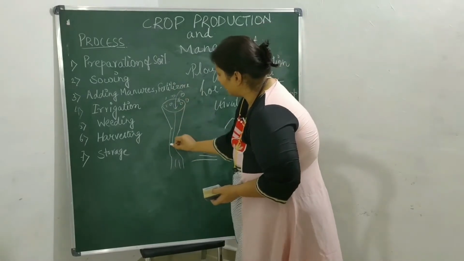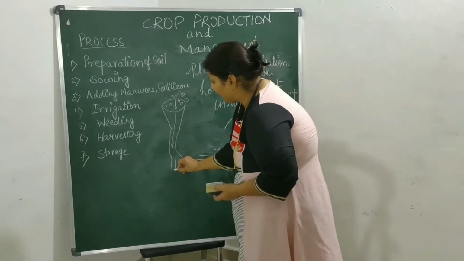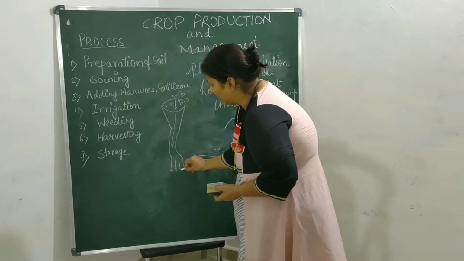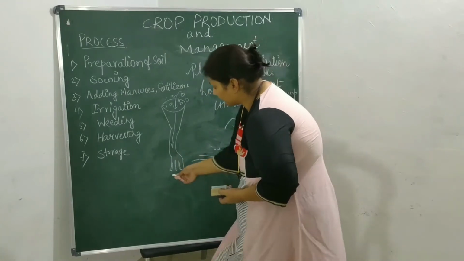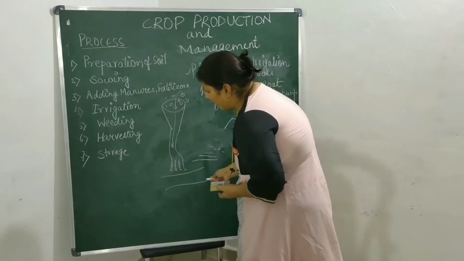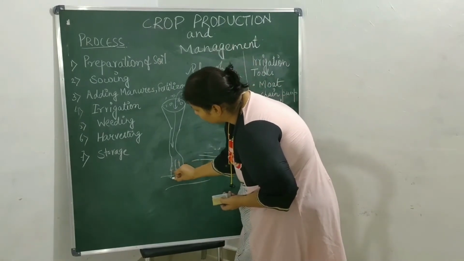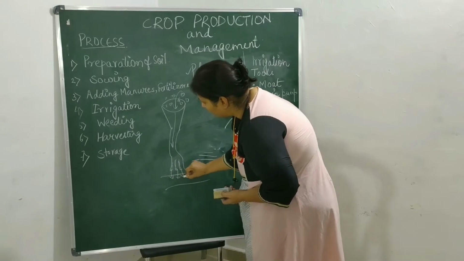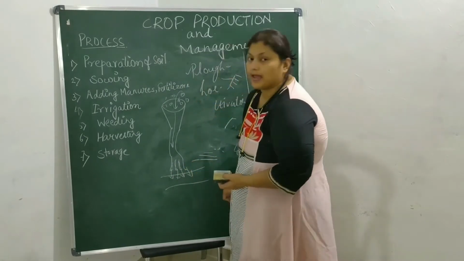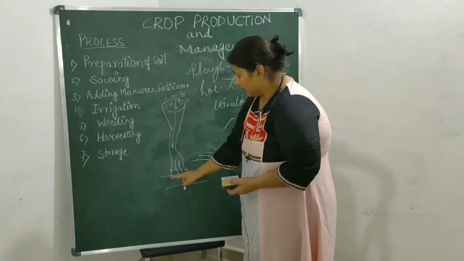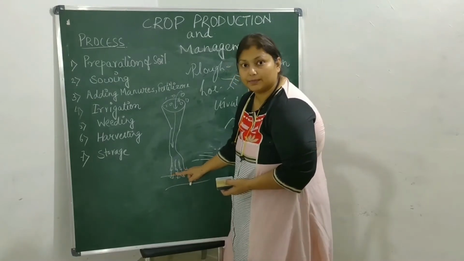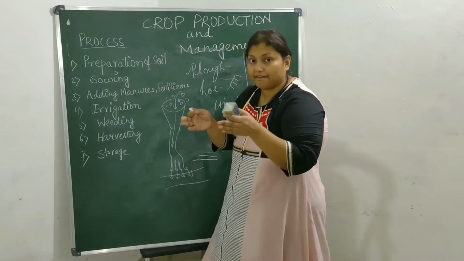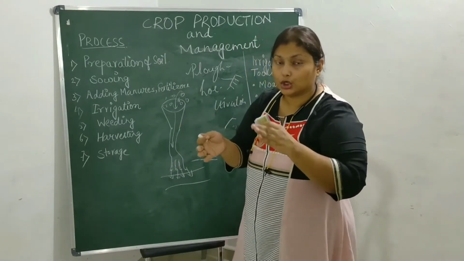The seed goes along this tube and comes out of this sharp open-ended edge, which is normally on the ground, and it puts each seed in a particular space or area. There is a particular interval of difference between two seeds. There is a definite space between the two seeds.